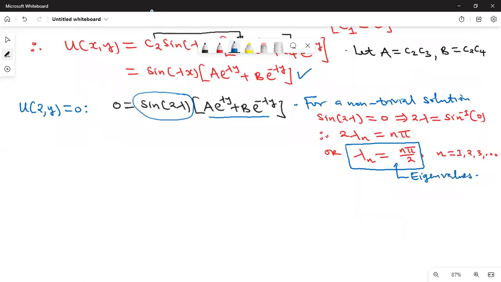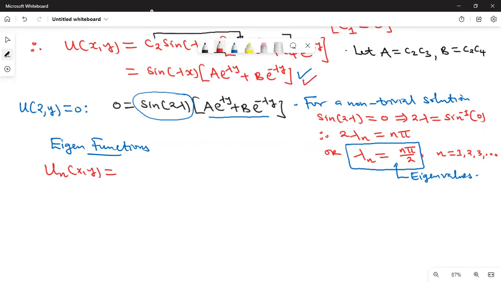Now we need to find the corresponding eigenfunctions. Those eigenfunctions are given by u subscript n of x, y is equal to, just from here, look at this solution.